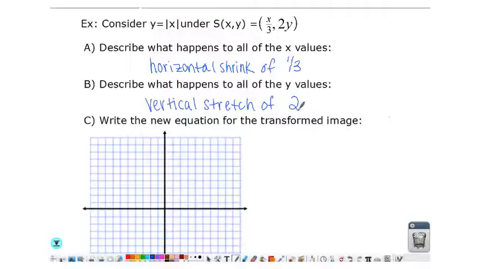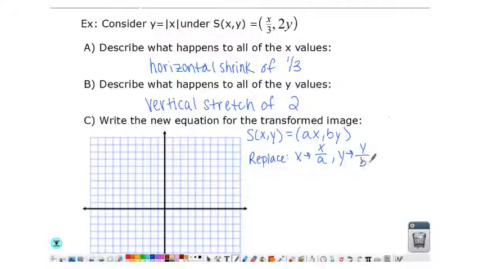So if our scale change mapping is s of x comma y is equal to a times x, b times y, in your function you're going to replace x with x divided by a, and y with y divided by b. So the opposite of what it sees. If the scale change mapping starts with multiplication, you then input with division, and if it started with division, you would input with multiplication.